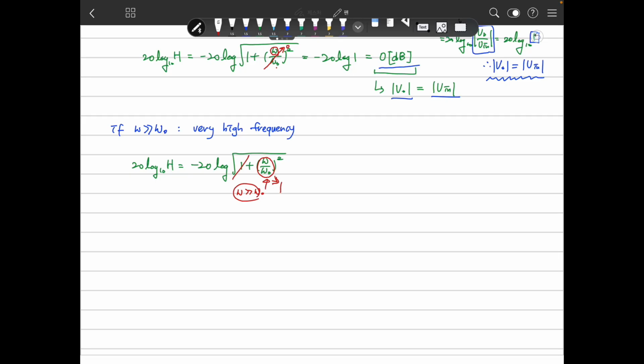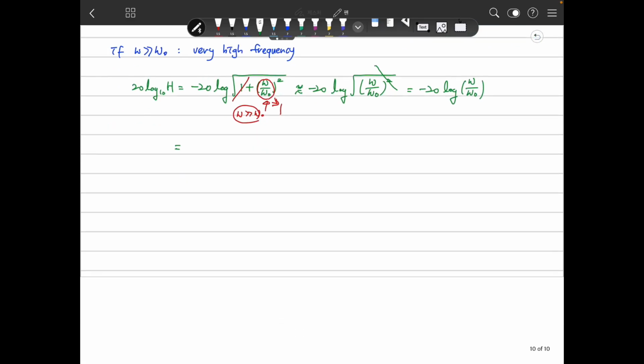So we can ignore the 1. It could be rewritten as minus 20 log of omega over omega 0, making the approximation in the square.